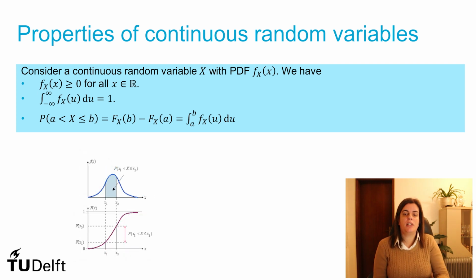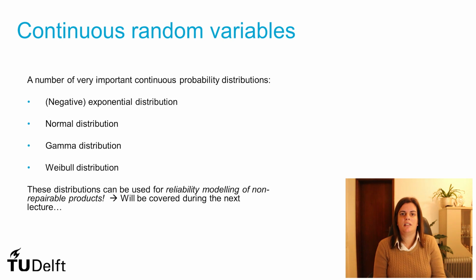And the probability of the random variable being in a certain interval, from a to b, excluding a and including b, equals the cumulative distribution function at point b minus the cumulative distribution function at point a, which is basically just integrating the probability density function between a and b altogether.